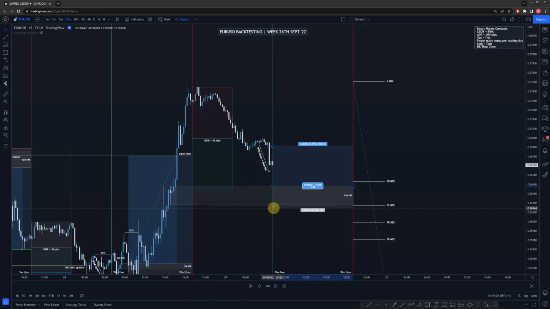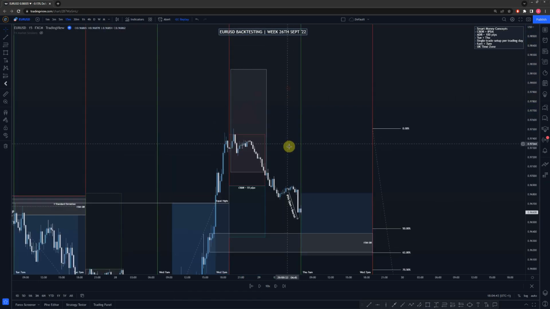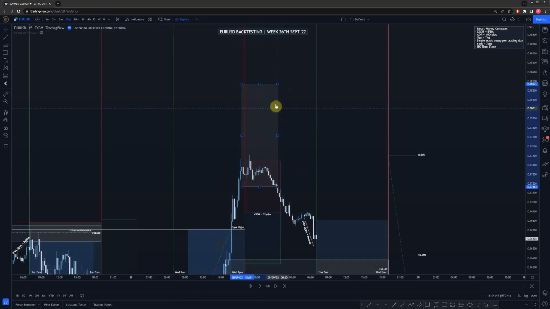Let's say roughly about here, and let's project a profit objective. So we'll go one up as we have been for these past 2 trading days, and let's mark that as a TP.